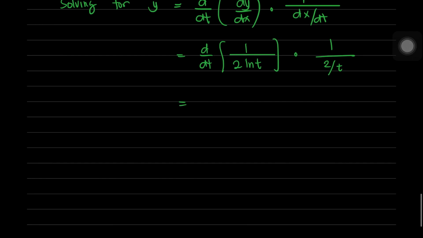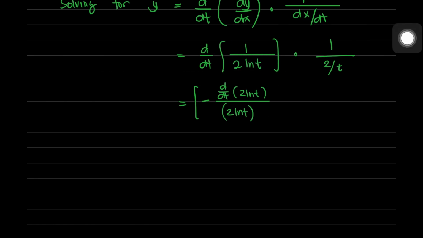So this is in the form of a quotient. And since this is in the form of a quotient, the derivative for this one would now be negative the derivative with respect to t of 2 ln of t, all over 2 ln of t raised to 2, multiplied by the simplification of this, which is t over 2.